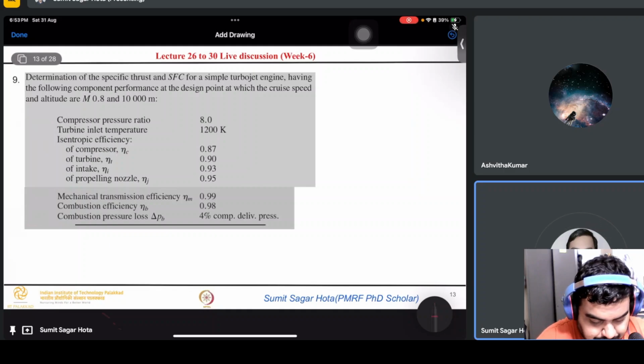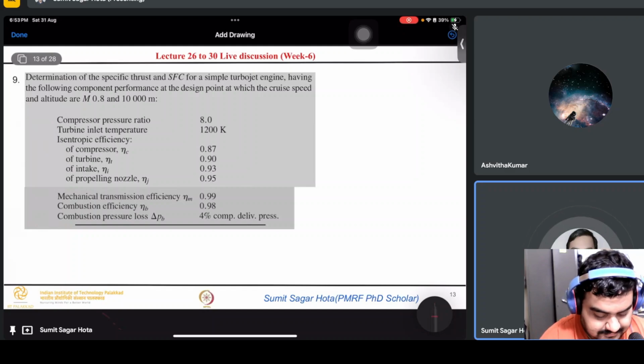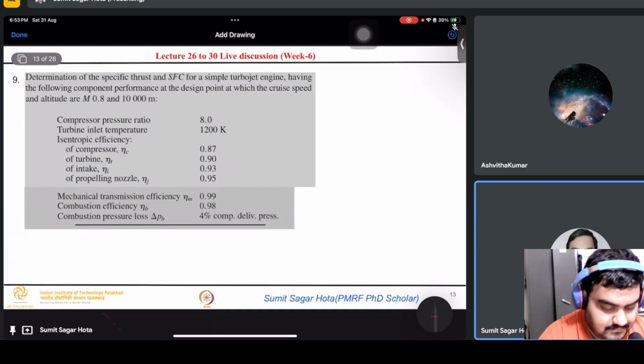Go through this problem slowly. This problem is really important.